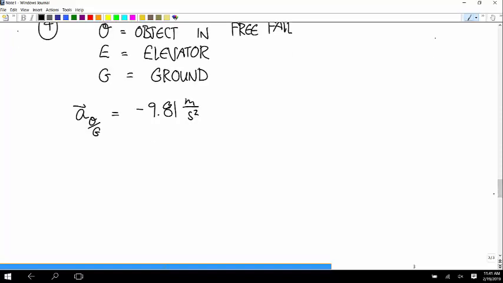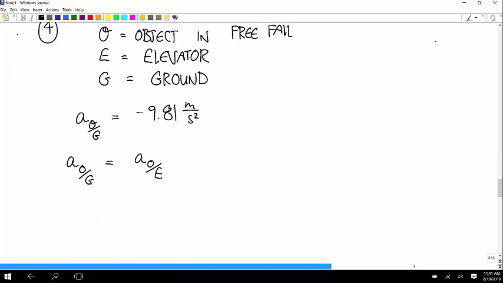Okay. Well, let's write out an equation involving acceleration that deals with these three things. So the acceleration of the object relative to the ground is equal to the acceleration of the object relative to the elevator. This is just a 1D problem. Plus the acceleration of the elevator relative to the ground.